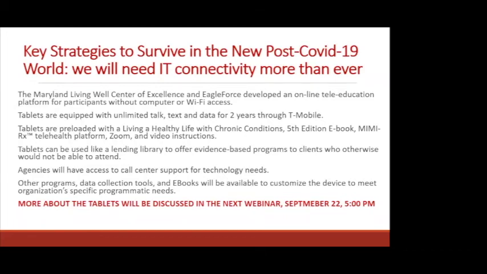Tablets and the equipment that is available through some federal programs, they call them the Obama phones or the FCC phones, come locked down with a limited amount of time and limited amount of access.